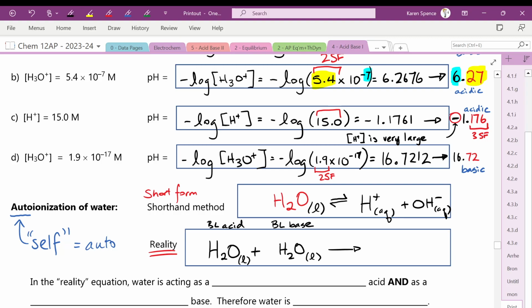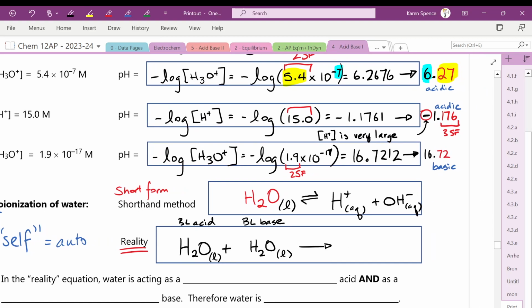Now, who are our products going to be? Hydronium, because we have a hydrogen transferring from one to the other, so we end up with H3O plus, OH minus, aqueous.